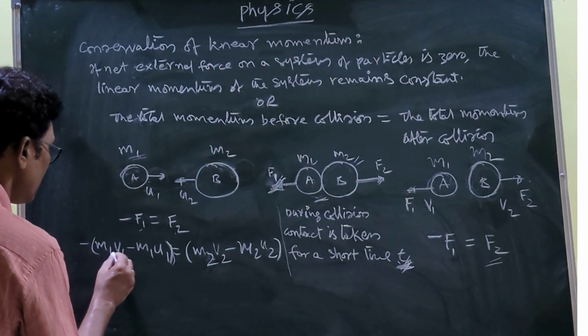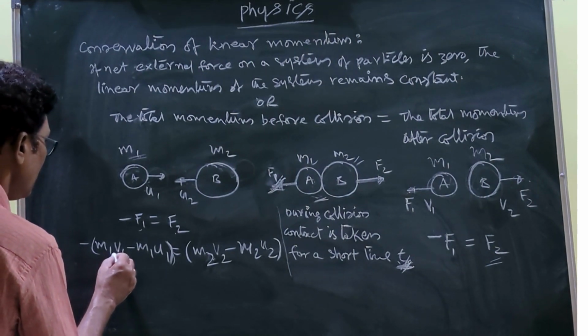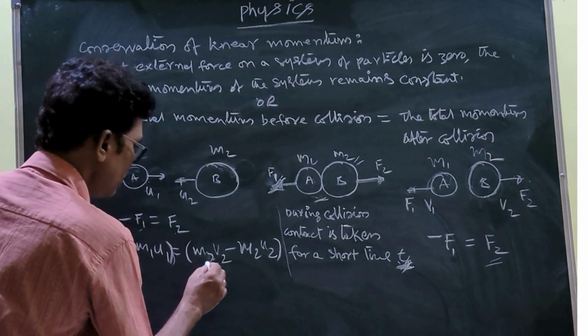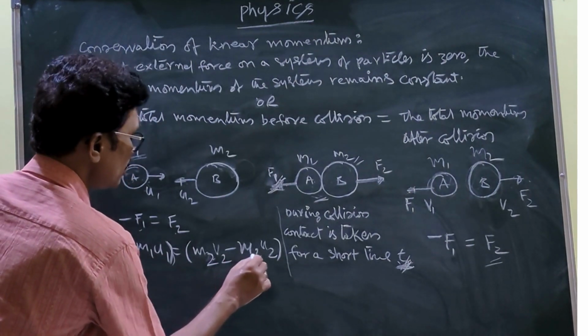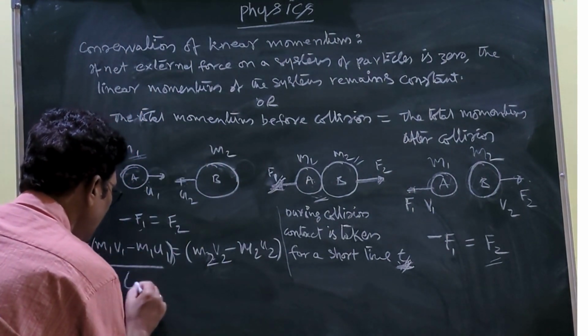The force equals the rate of change of momentum. That is, minus (m1 v1 minus m1 u1) equals (m2 v2 minus m2 u2) divided by time t.